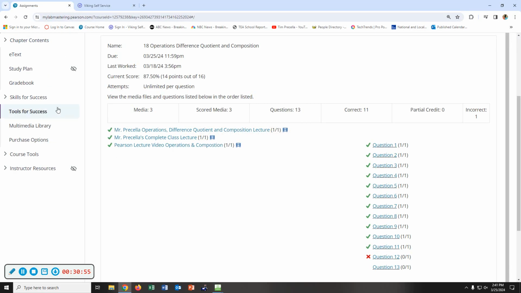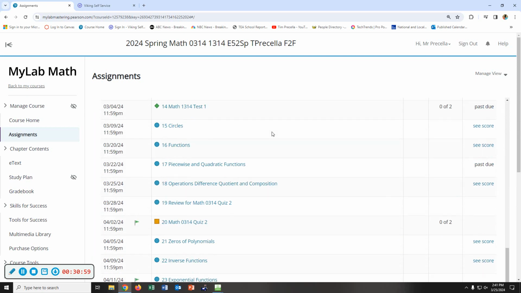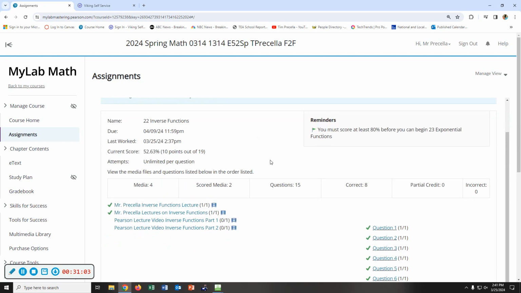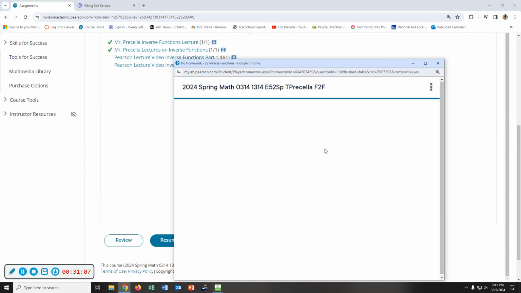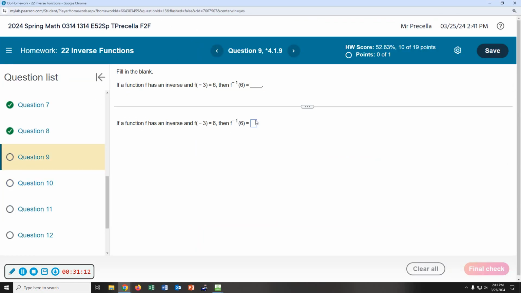Okay, then number 9. Let's go back to the assignment we're working on. Inverse functions, and number 9. Oh, I forgot about this one. I like this problem. Okay, this has nothing to do with what I just stated.